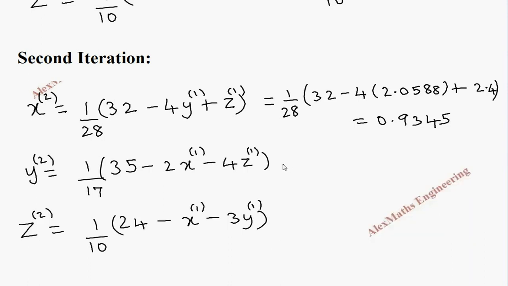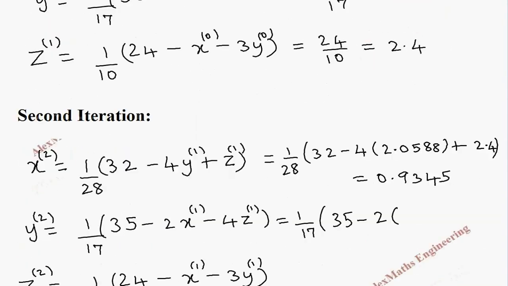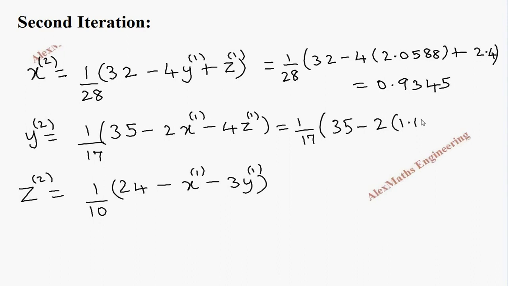Now coming to this value, this is 1 by 17, 35 minus 2 into x of 1, which is 1.1429, minus 4 into z, which is 2.4.